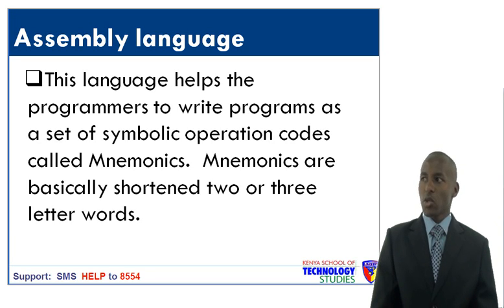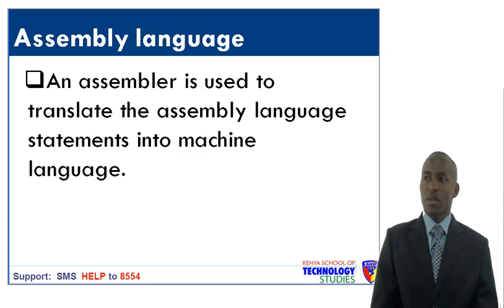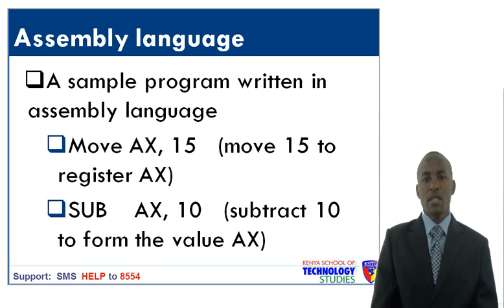Mnemonics are basically shortened 2 or 3 letter words. An assembler is used to translate the assembly language statements into machine language. Now here we have a sample program written in assembly language.